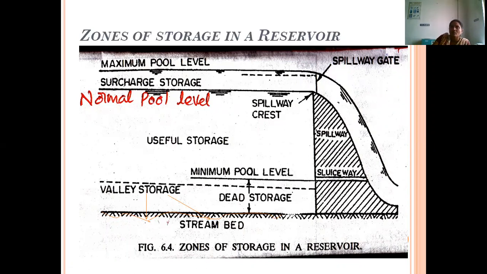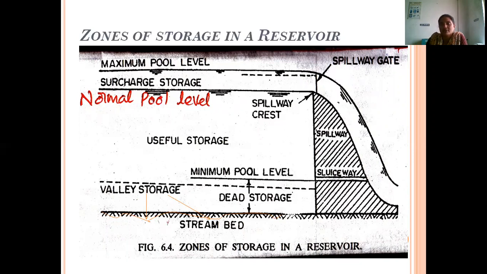So first one, what do the zones of storage mean? In reservoirs, the water can be divided majorly into three types. First one, minimum water that should not be extracted for any purpose, agricultural, irrigation, any purpose. Second one, the water utilized for different purposes: drinking, industrial, agriculture, like that.